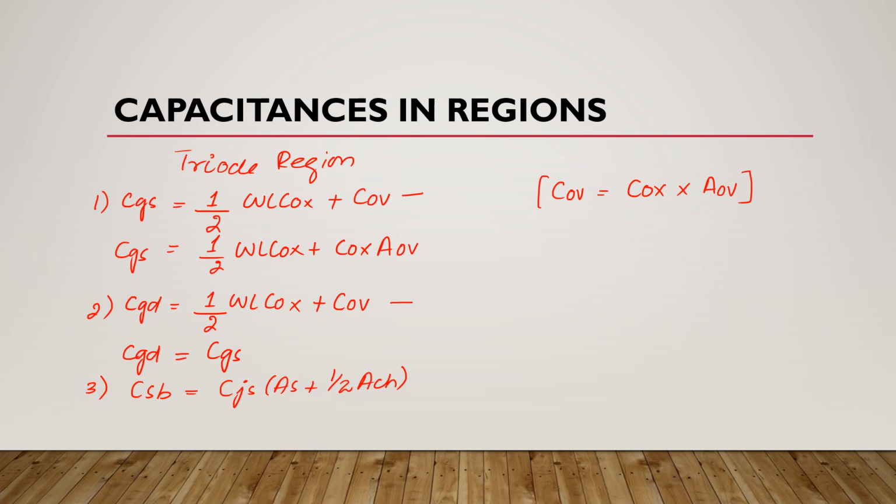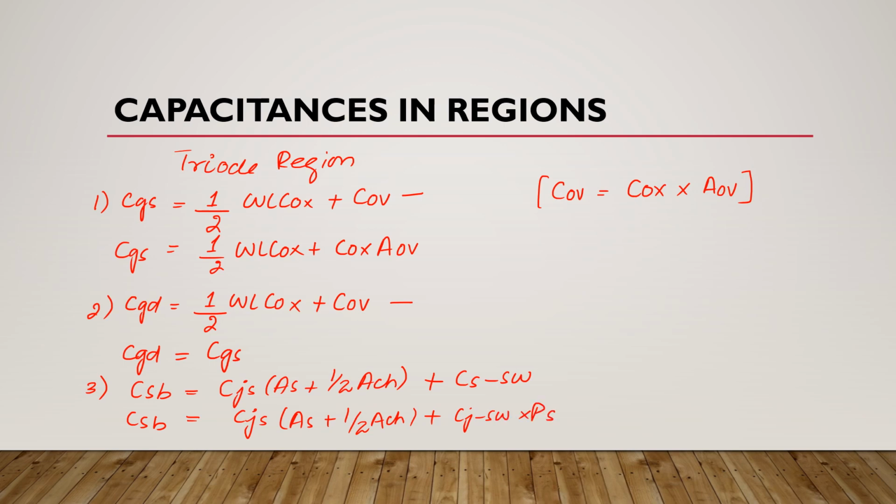If there is sidewall capacitance, then we add source sidewall capacitance here. It means now this formula of source to bulk capacitance becomes this.